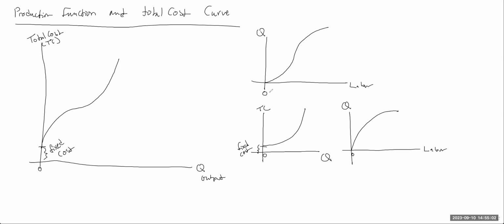For example, if you have a 5-year lease to your cookie factory, you're leasing the land, you're going to have to still pay that rent, even though you're not producing anything. Those are examples of fixed costs. Okay, so right here. And then we could see the total cost curve. These two are related, and these two are related.